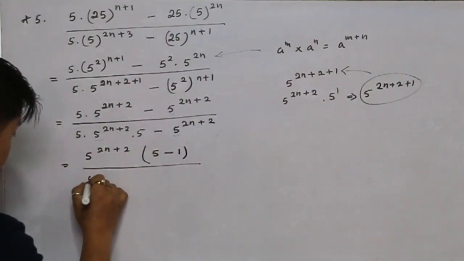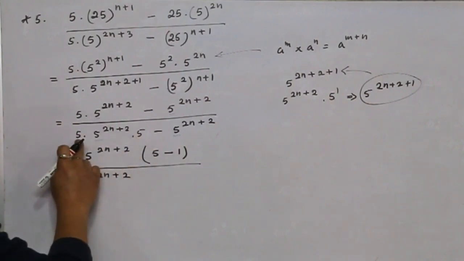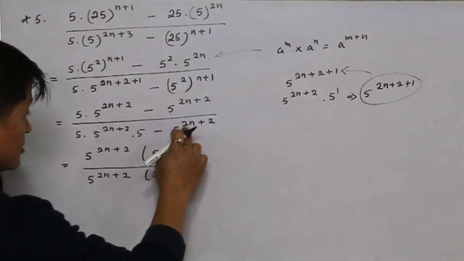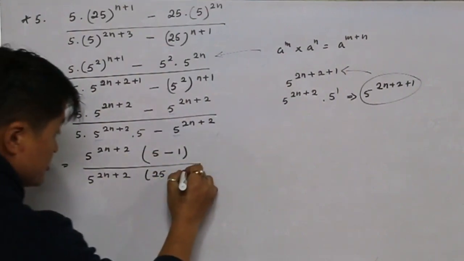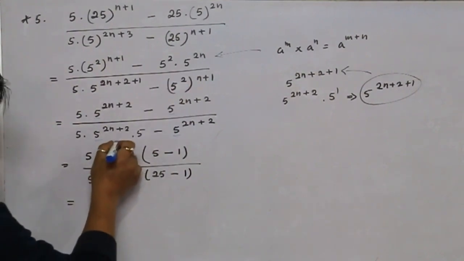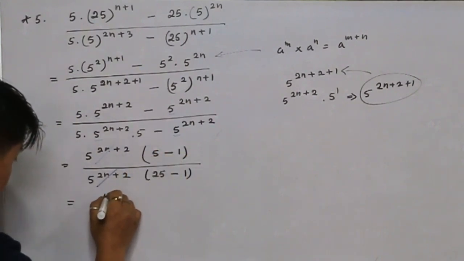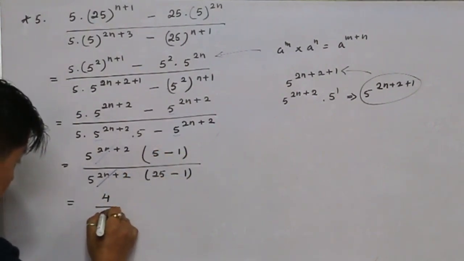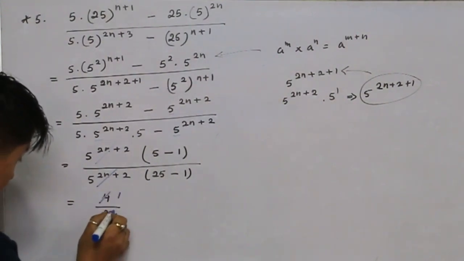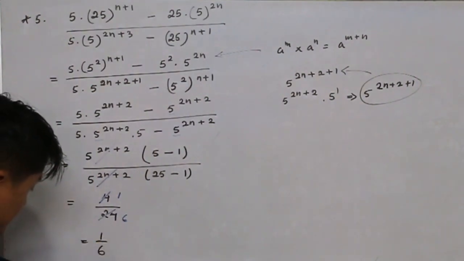Here if you take 5 to the power 2n plus 2 common, how much is remaining? 5 into 5, 25, minus, this whole term we have taken common, so 1. Here if you notice, these two terms are similar, so we can cancel them. Then remaining will be 5 minus 1 is 4, 25 minus 1 is 24. Now 4 1 are 4, 4 6 are 24, this will give you 1 by 6.